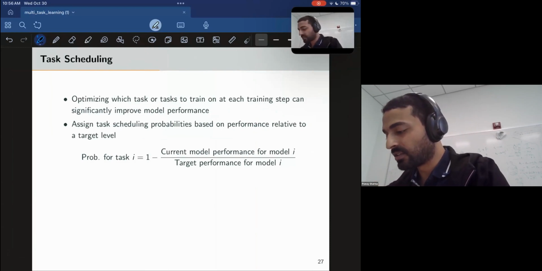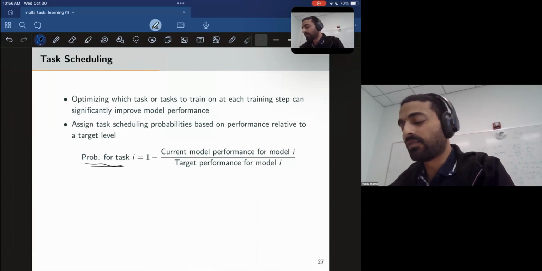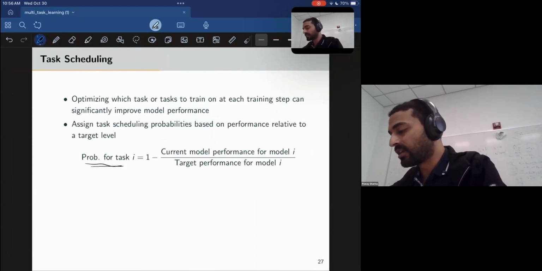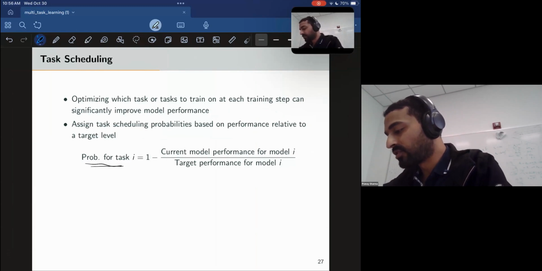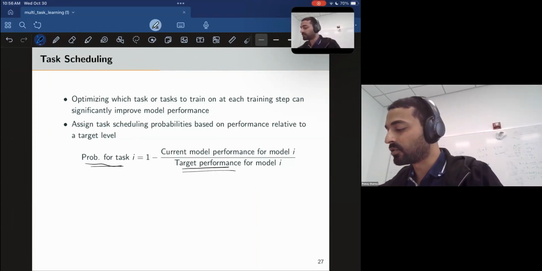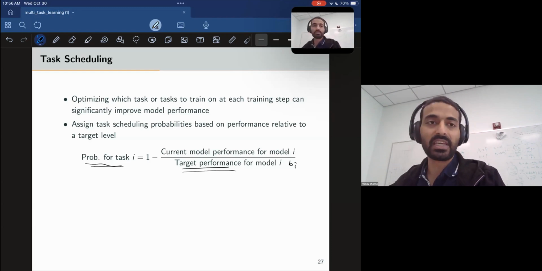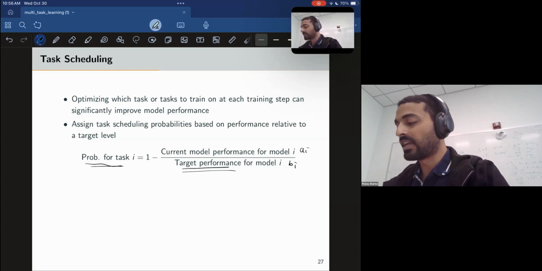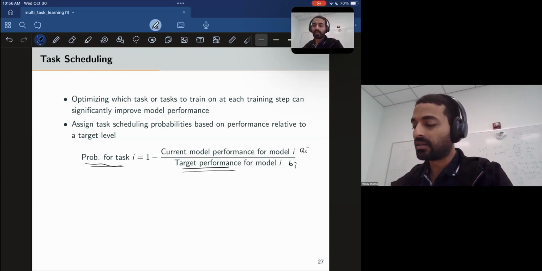So one suggestion is that the probability with which we sample task I at a specific iteration is as follows. Suppose we have some target performance BI in mind, which we want to achieve, and the model on task I is currently at some level AI, right?